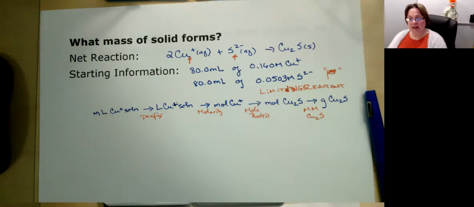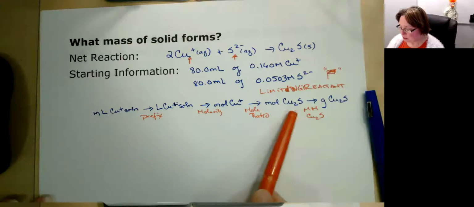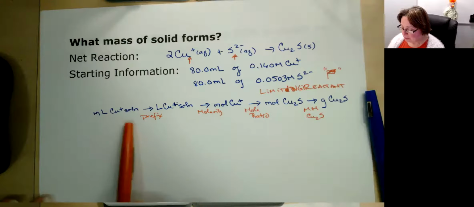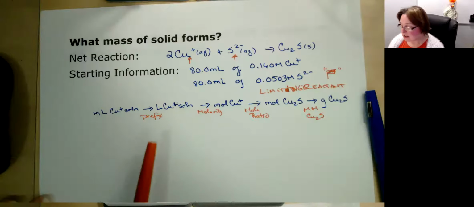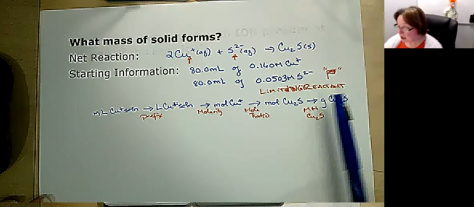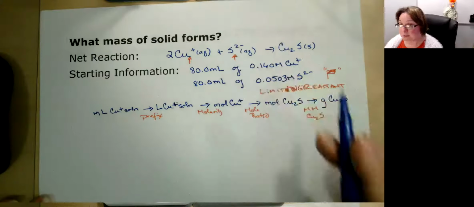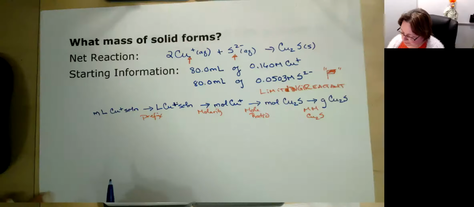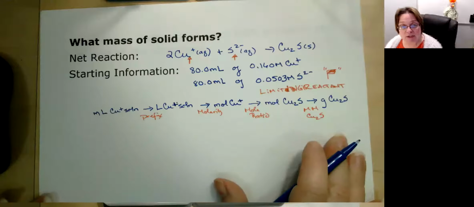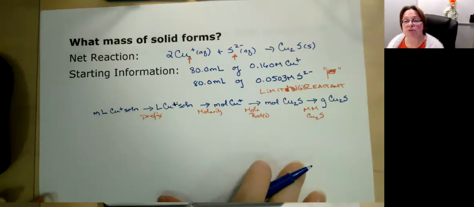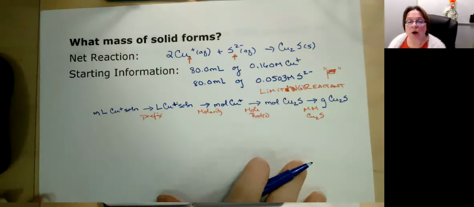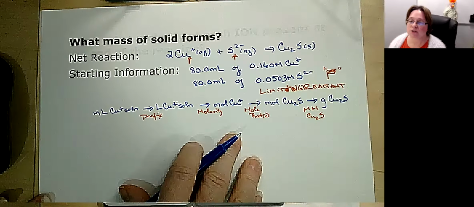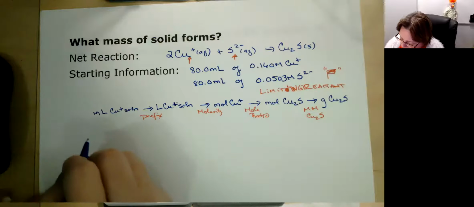So those are some pieces we've seen before with molar mass and mole ratio, but now we're combining it with using molarity as a conversion factor, in this bigger problem of a limiting reactant problem. So let's put those values in and come up with a number, and then we'll do the same thing for the sulfide ion. Again, feel free to pause the video and give yourself a chance to work it out on your own there.